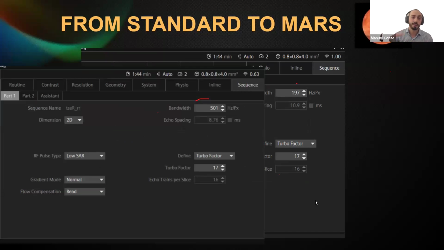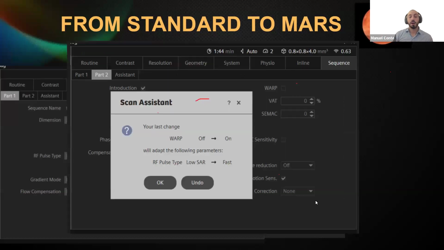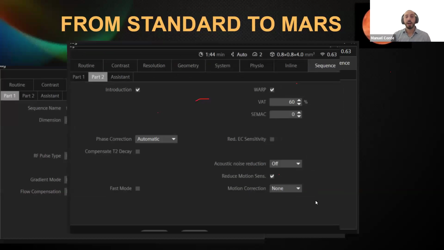But you can see when you increase the bandwidth, the relative SNR goes down. So it was 1 and now it goes to 0.63. Another thing that we can do is to apply the WARP. And let's say it's a paramagnetic implant, so I would use the WARP at 60%.